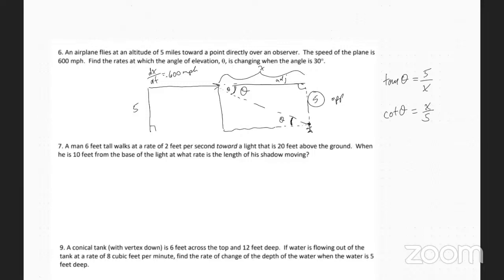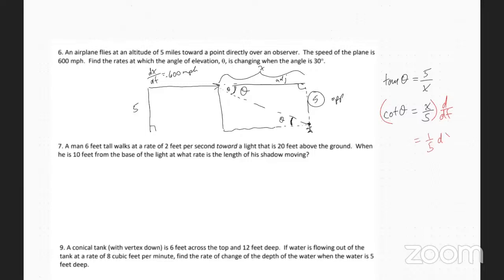Okay, that might be a little bit easier to work with because the derivative will be easier to find. Then I don't have x to the -1. I guess you can do that as well. We can do it either way, but let's try cotangent. If I take the derivative with respect to t of both sides of this equation, I get 1/5 dx/dt on the right side.